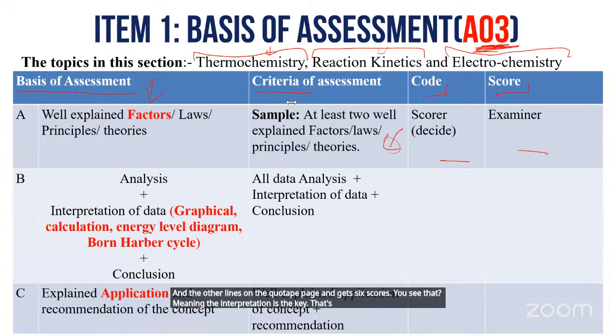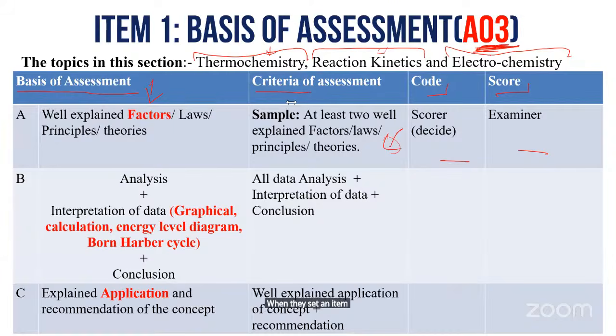That's why today we are here to see what we need when they set an item in section A, item number 1. What are we supposed to do? Let's have a look at number 1.